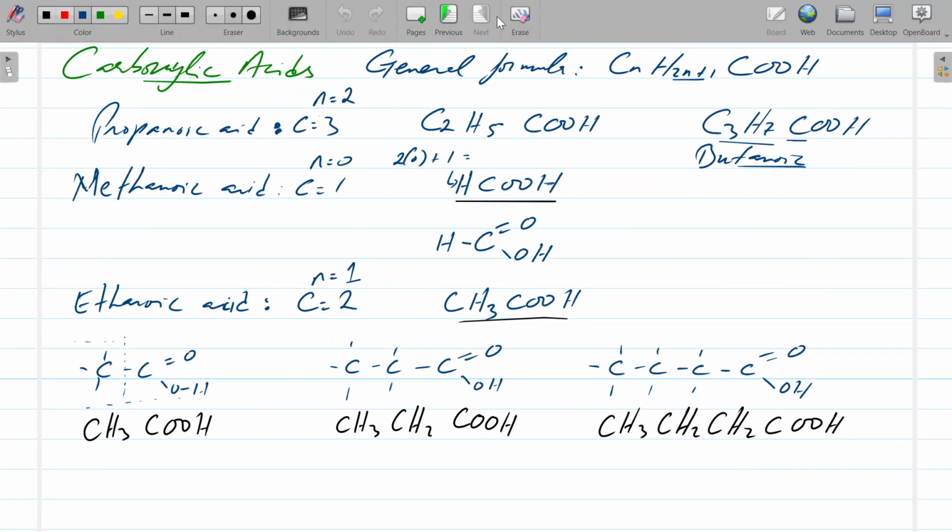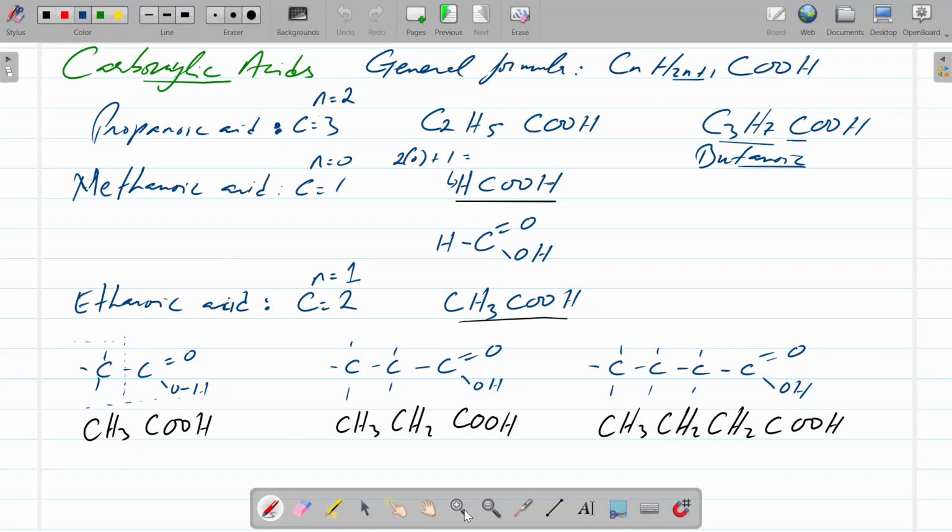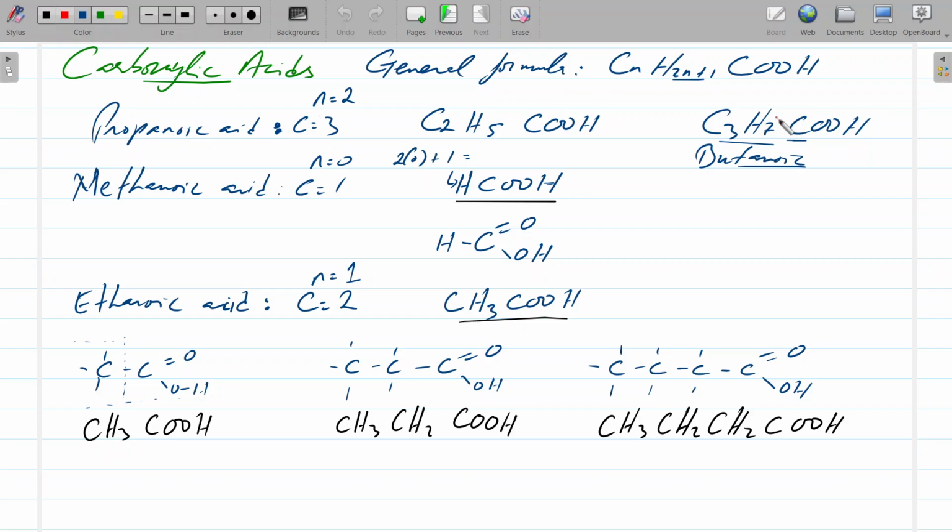So just to take a look at them again, the general formula is CnH2n+1COOH. And as I mentioned, when we are naming them, we need to keep in mind that whatever number of carbons we have here with the CnH2n+1 and the COOH, the carbon of the functional group is included in the total number of carbons, right?